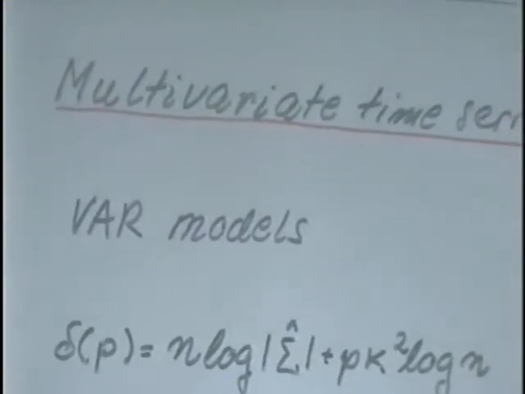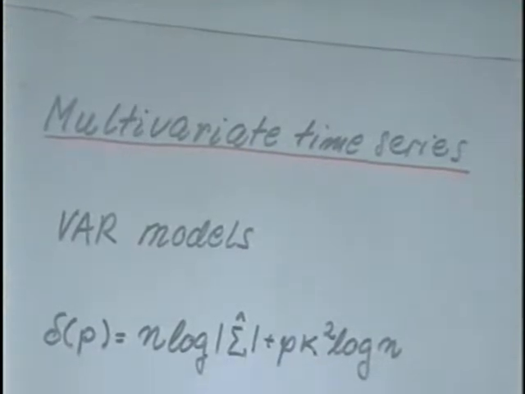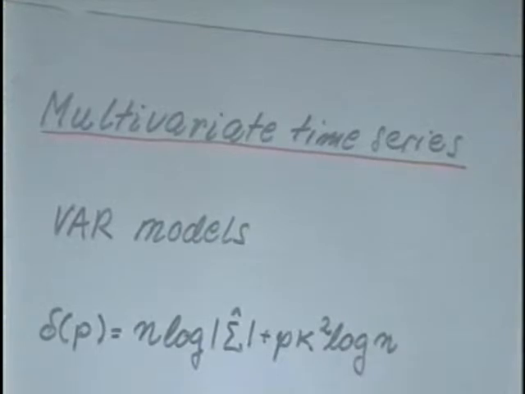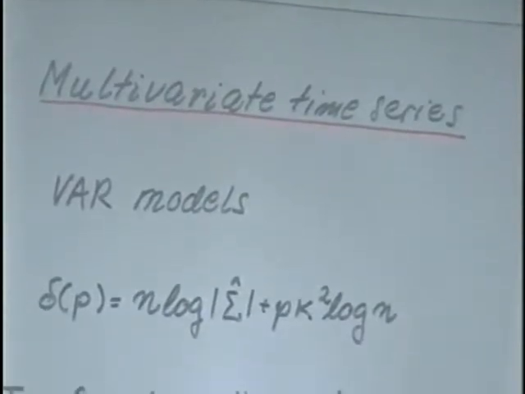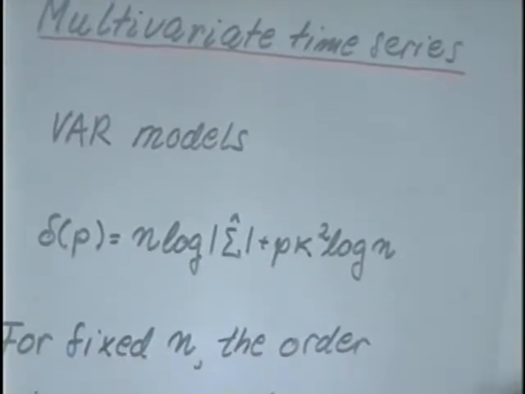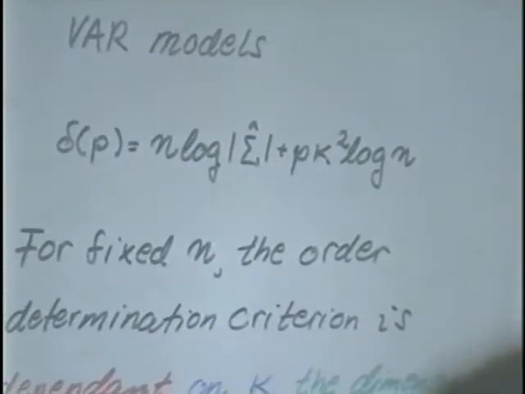Now, before going to the details, I would like to take one model selection criterion in the time series context, which can be expressed in this form. This is the multivariate case. Sigma means the covariance matrix of the innovation series a_t in that model. n is the number of observations, and then k means the dimension of the process, how many time series we have in the problem.